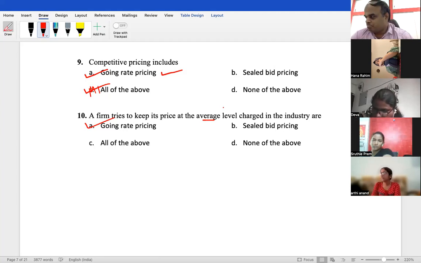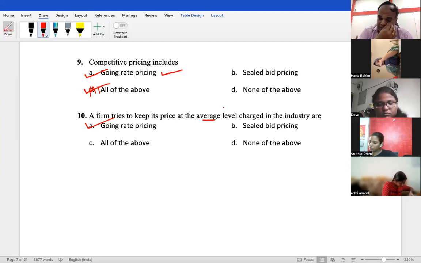Based on competition, penetrating pricing will be there. Based on pricing policy in the pricing theory, they are classified into two different types. Finished good product price has a separate classification. Competition-based has a separate classification. Two types of competitive pricing are given. What are they? Kindly refer to the notes. Going rate pricing, sealed bid pricing.